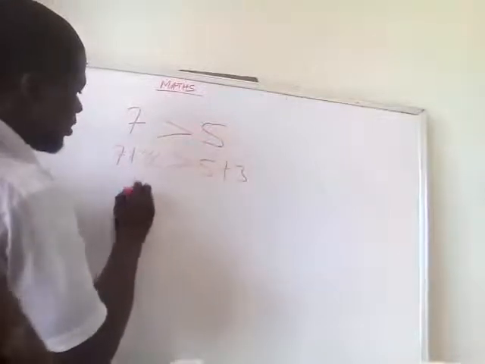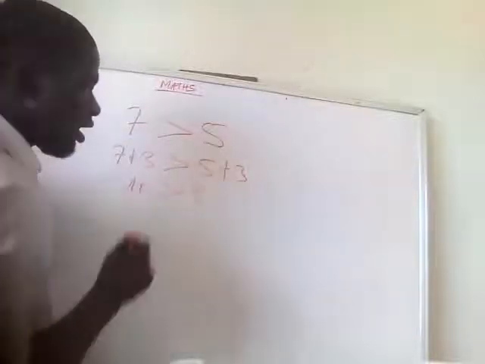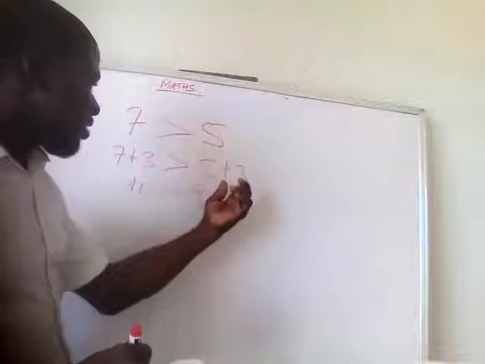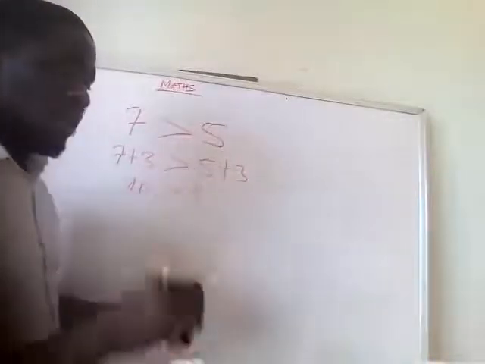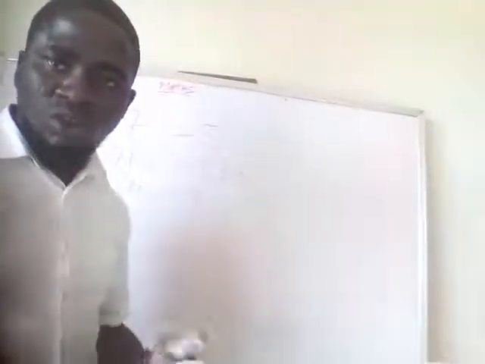Here, 10 is greater than 8. That means even when you add 3 to the right hand side and also to the left hand side, the inequality still remains true.